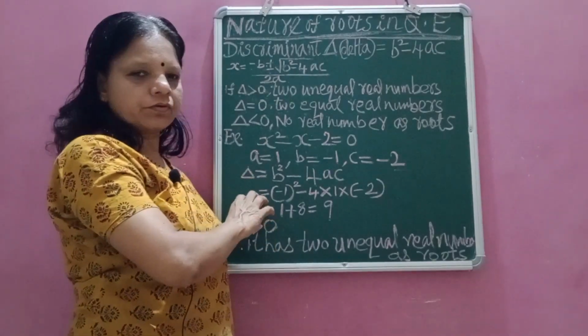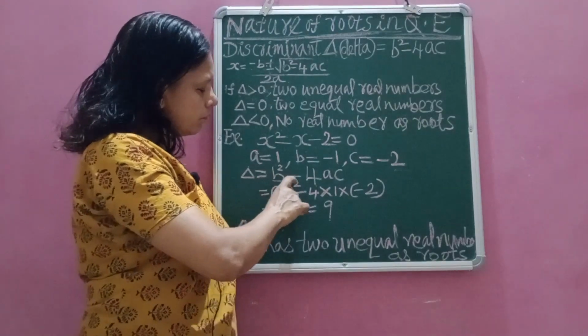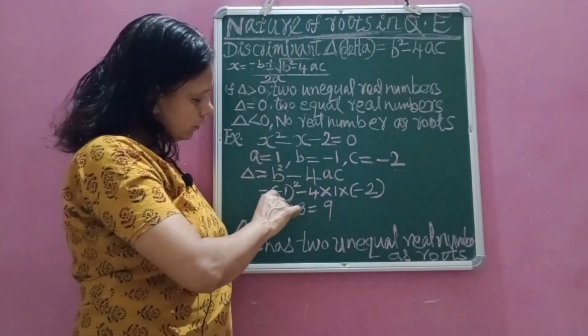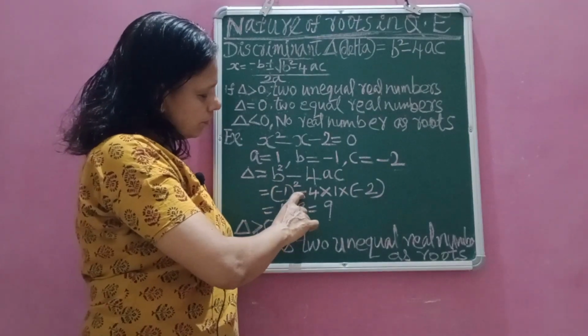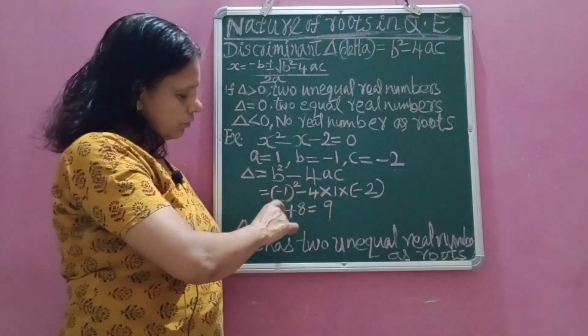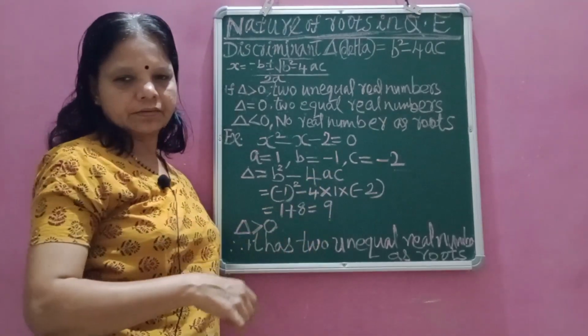So first we have to find the discriminant, or delta equal to b square minus 4ac. Substitute the values. Minus 1 square minus 4 into 1 into minus 2. Minus 1 square is 1, 1 plus 8 equal to 9.